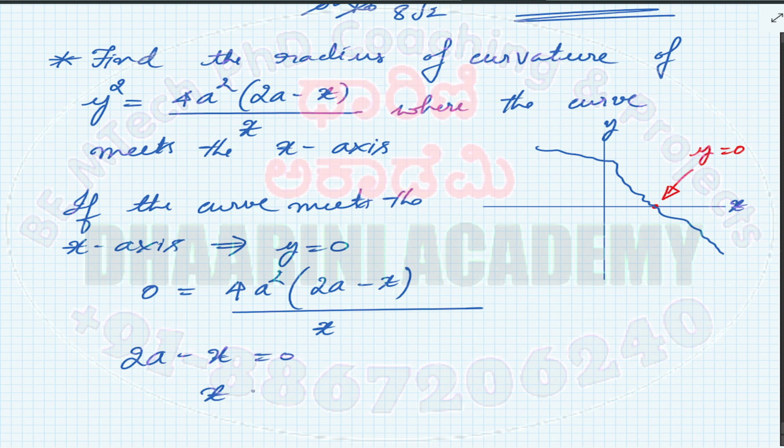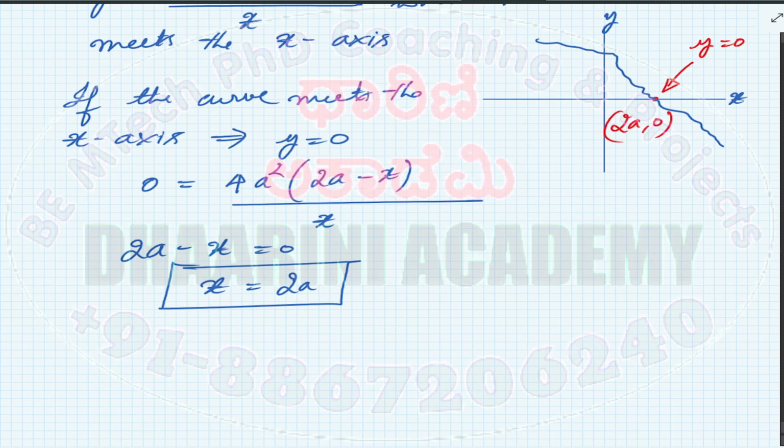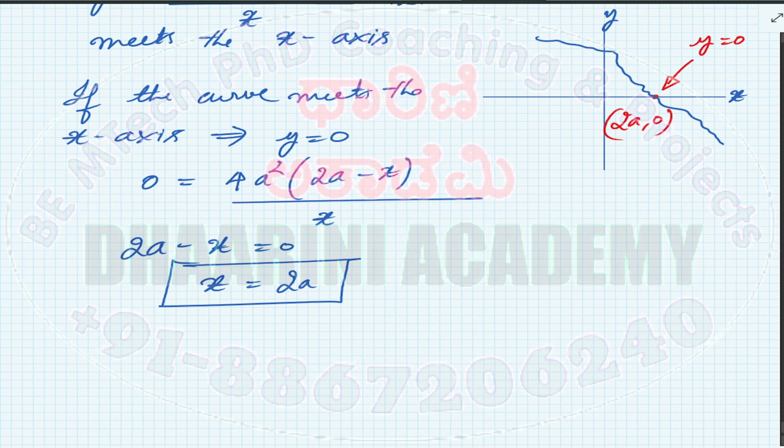So what is x now? At that point where the curve touches the x-axis, its x coordinate is 2a. So x is 2a, y is equal to 0. So this point is (2a, 0) where the curve touches the x-axis. Finding this was our first case.